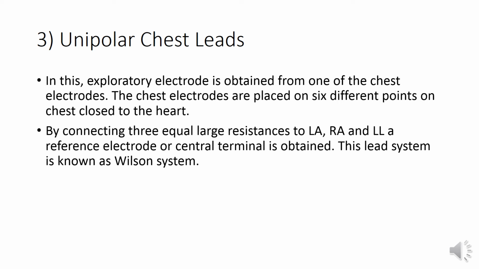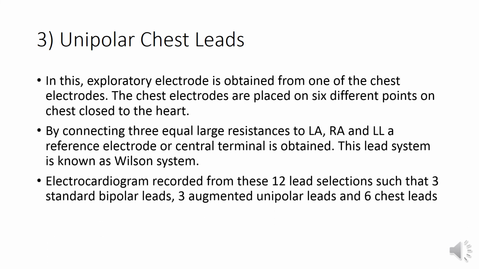This lead system is known as the Wilson system. The electrocardiogram is recorded from these 12 leads: 3 standard bipolar leads, 3 augmented unipolar leads and 6 chest leads in the unipolar chest leads.